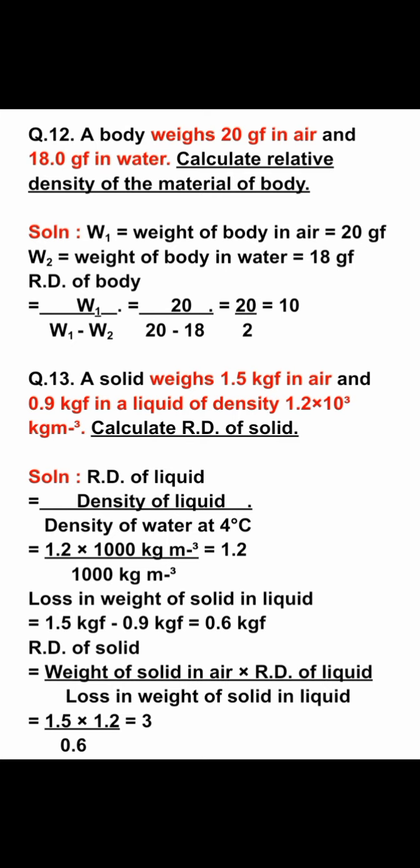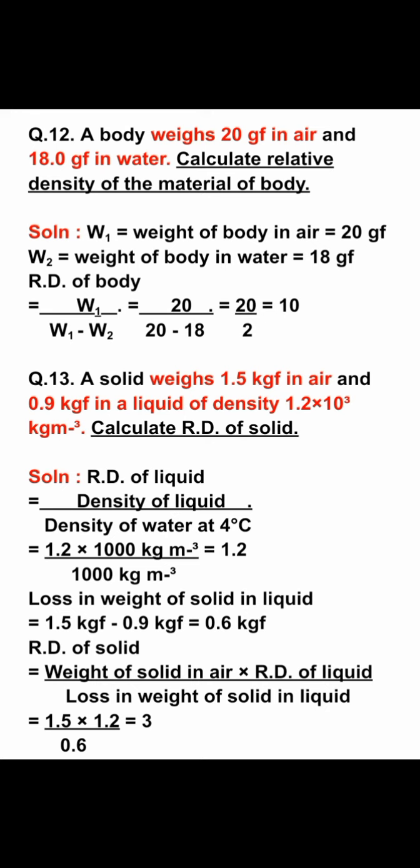Now question number 13: a solid weighs 1.5 kgf in air and 0.9 kgf in a liquid of density 1.2 into 10 to the power 3 kg per meter cube. Calculate the relative density of the solid. Since the density of the liquid is given, we can also find the relative density of the liquid.